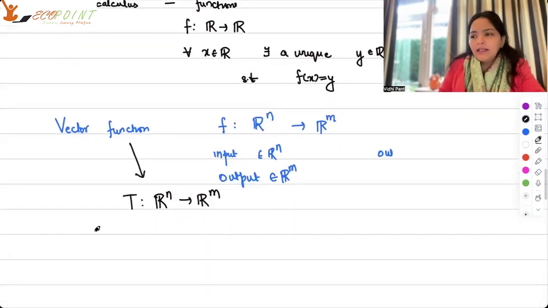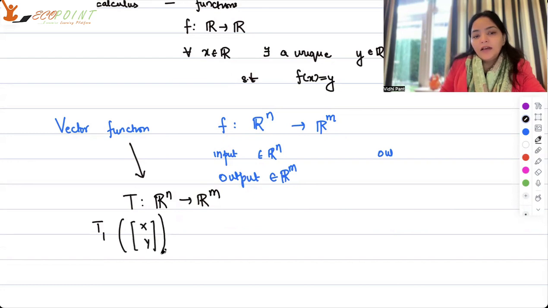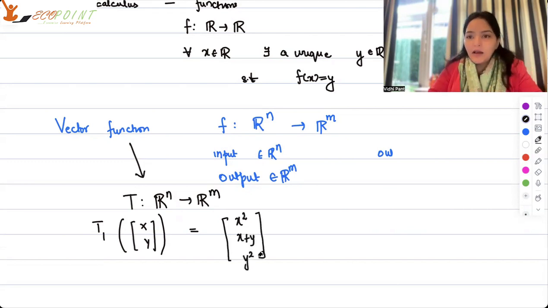Say I have T1, a function in which the input is (x, y) and the output generated is (x squared, x plus y, y squared). Then this becomes a vector function wherein you have a unique output for every input.